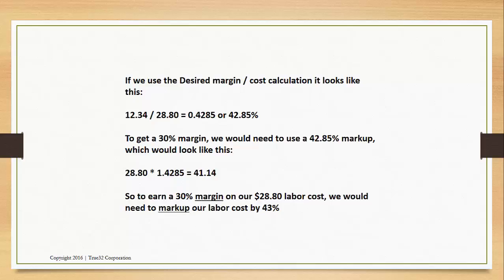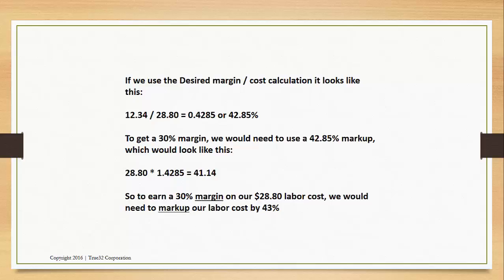The rest, after the decimal point, .4285 being 42.85%, gives us the marked up cost in a single calculation, rather than having to do 28.80 times 42.85% and then add that number to it to get the $41.14. But this math here, 28.80 times 1.4285 equals $41.14, becomes our loaded labor rate.